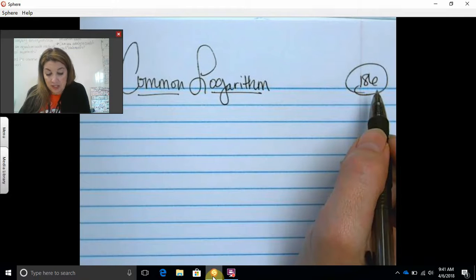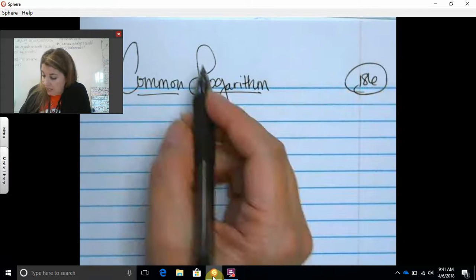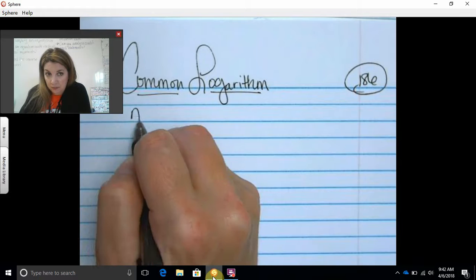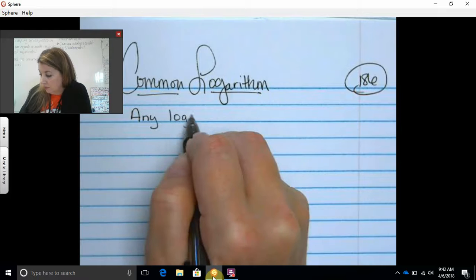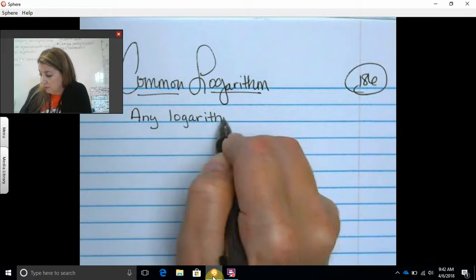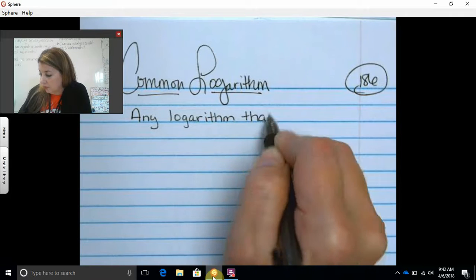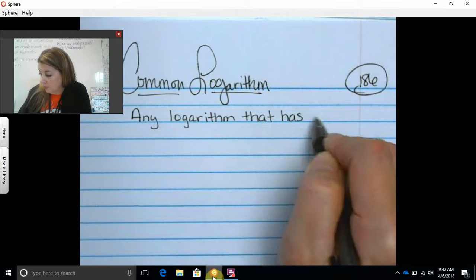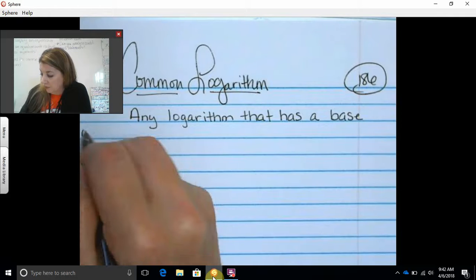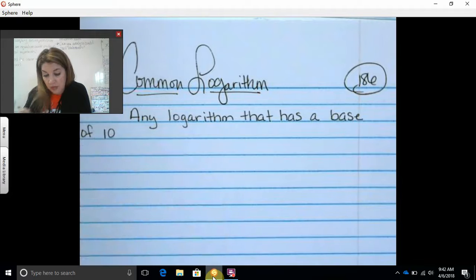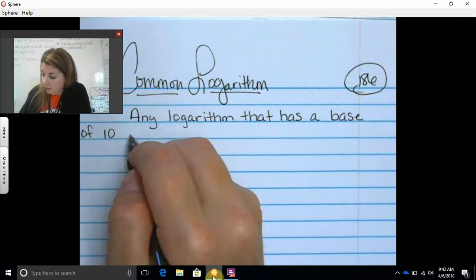And we're just going to write that down. Any logarithm that has a base of 10 is called a common logarithm.